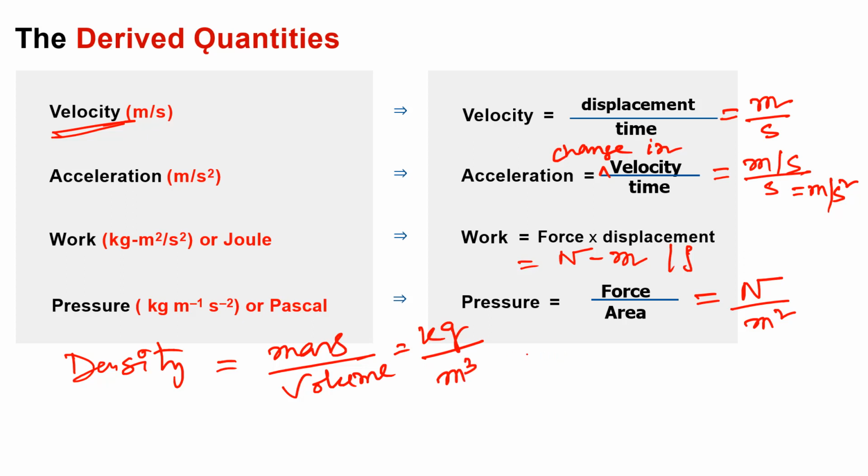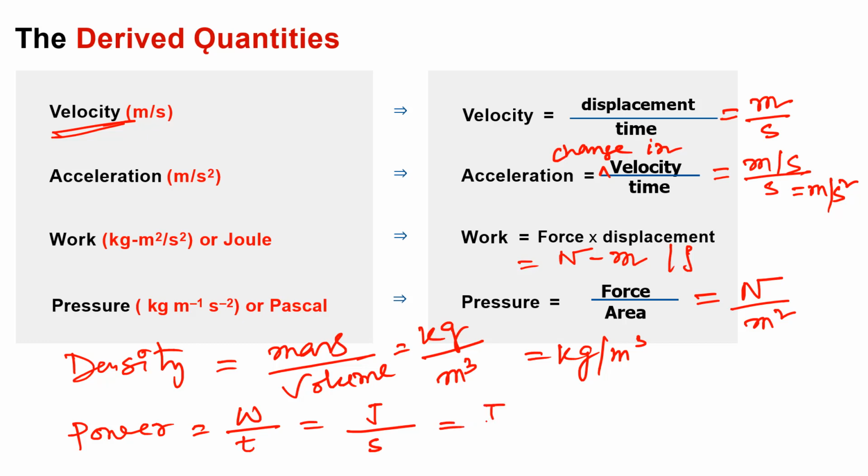So density is expressed as kilogram per meter cube, the SI unit, right? Similarly, we can find the power. Power is expressed as work done per unit time. Work done has a unit of joule and time is expressed in second. So power can be measured in joule per second, or watt.